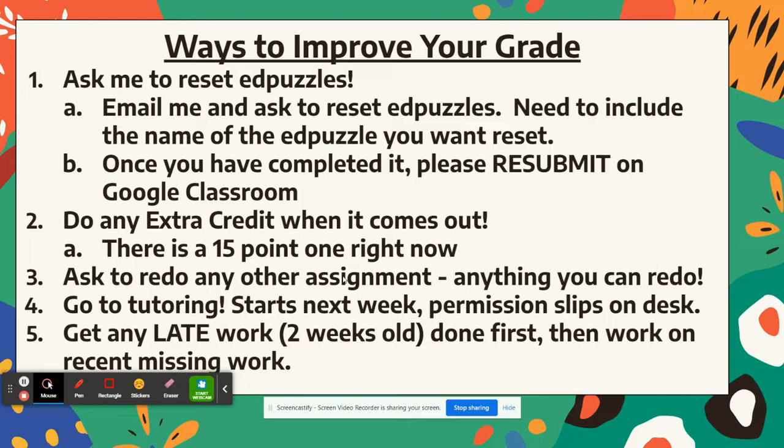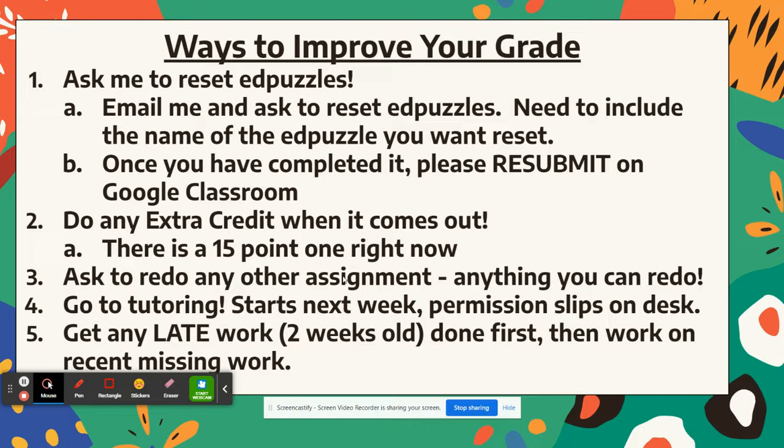Once you have that Ed Puzzle done, you need to resubmit it on Google Classroom so that I know to grade it again. Number two, you should do any extra credit when it comes out. There is one available right now, but as soon as that one's done, you can never do it again the rest of the quarter.